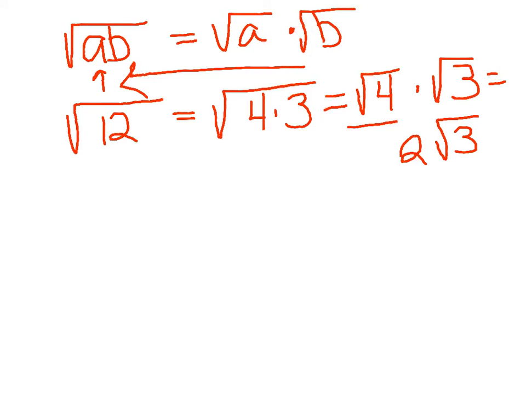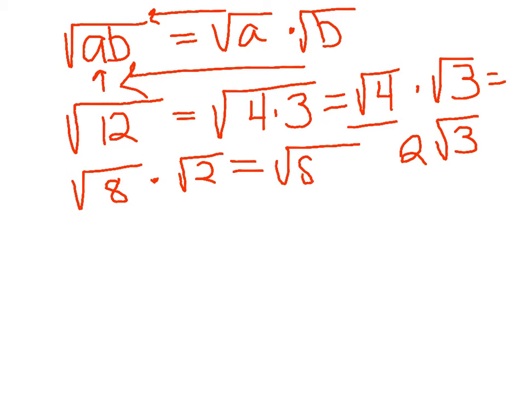Now, if I have the square root of 8 times the square root of 2, well, since they're both square roots, I can do the backwards thing and say that equals the square root of 8 times 2, which is the square root of 16. And we know the square root of 16 is 4.